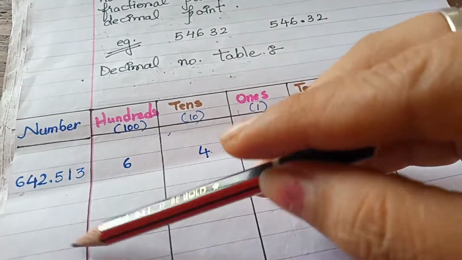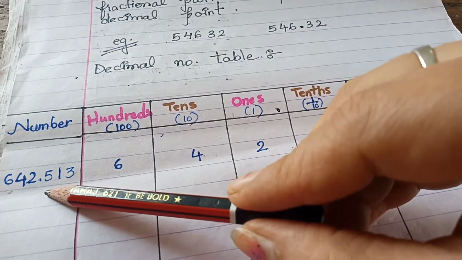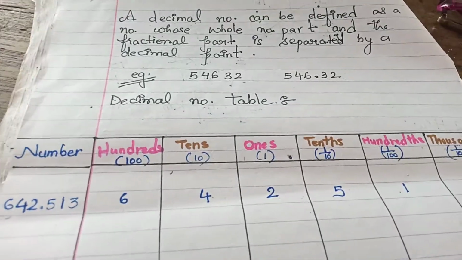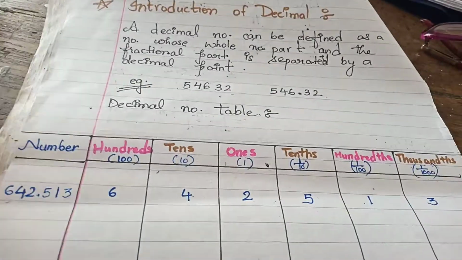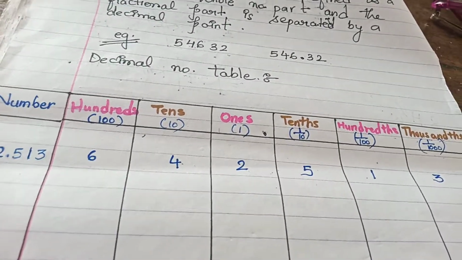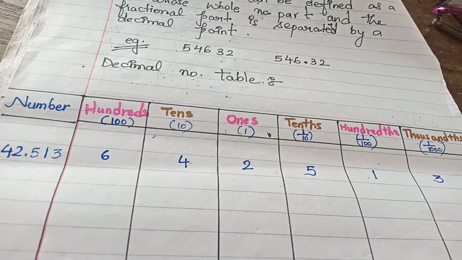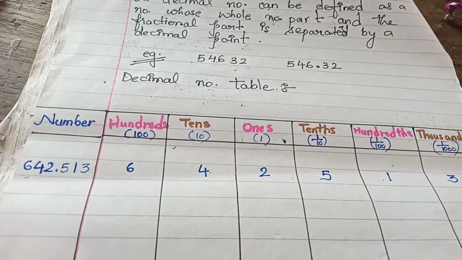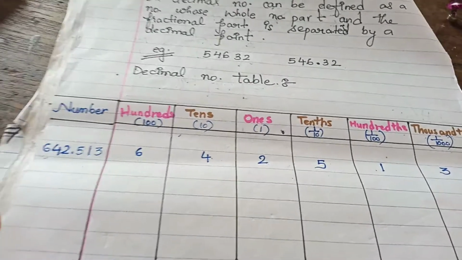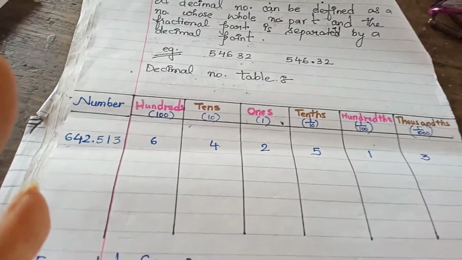And here suppose I have taken one example, 642.513. So how will you write? We will write 6 is in the position of hundreds, 4 tens, 2 ones, 5 tenth, 1 hundredth and 3 thousandth.